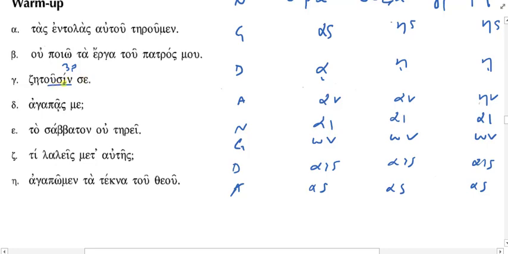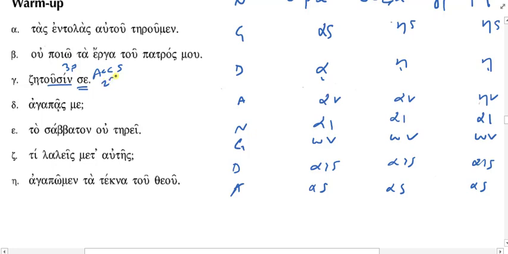So what does it mean to seek? So who's seeking here? Yeah, third plural. So they seek or they are seeking, and se is you. That's the accusative singular. Which person is that pronoun?